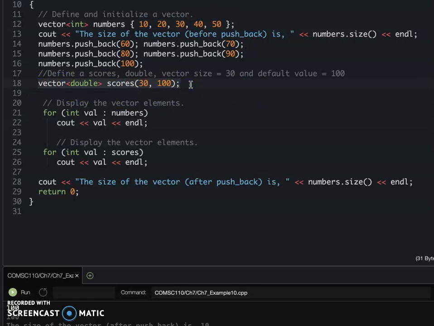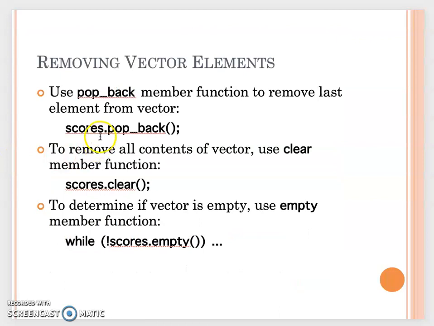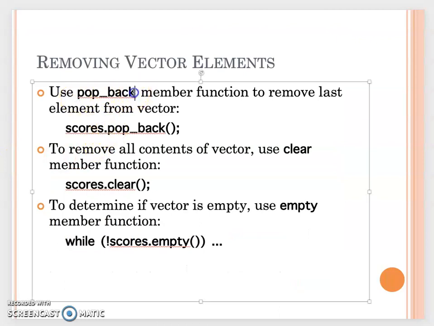Continue, I want to show you another one. We have push_back, right? So we add data at the end of the vector. Then also we have the other one we call pop_back. You can see push and pop are kind of opposite to each other.